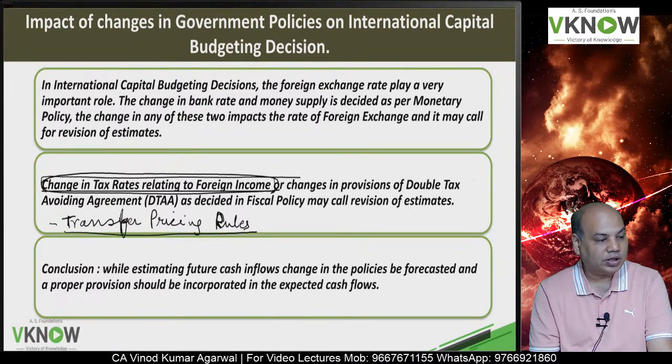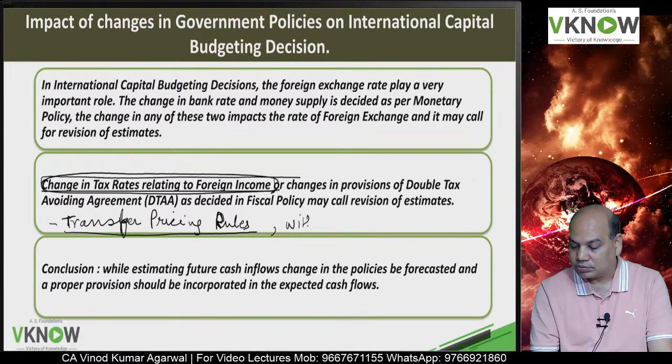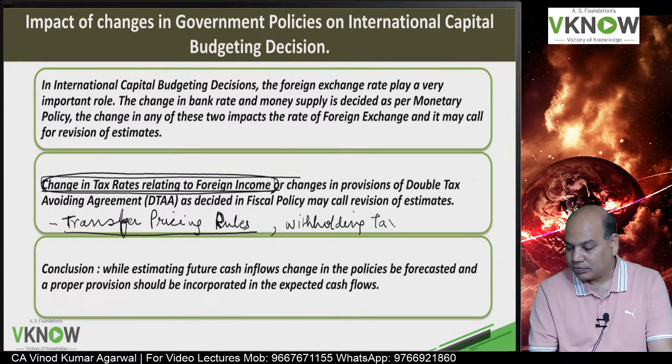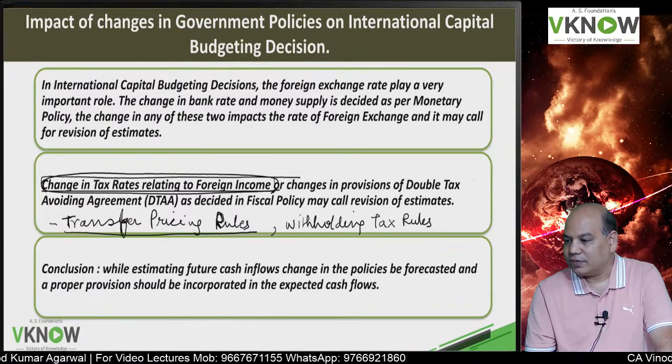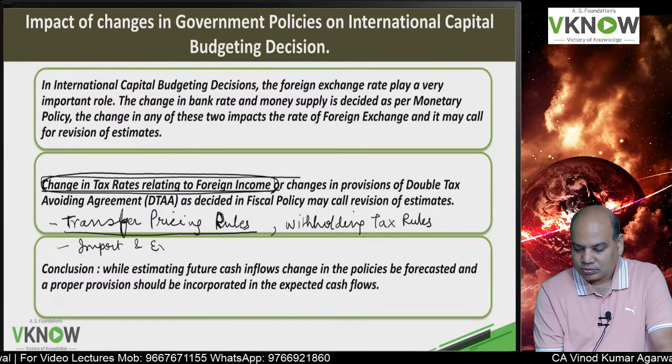Transfer pricing rules are there which can affect you. There are withholding tax rules which can affect international capital budgeting.